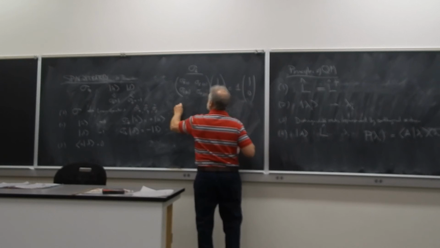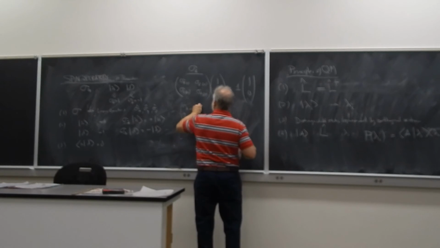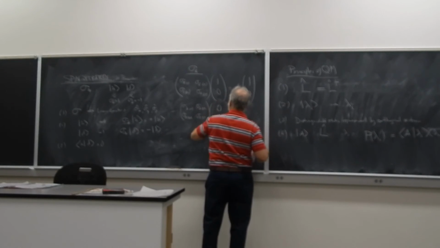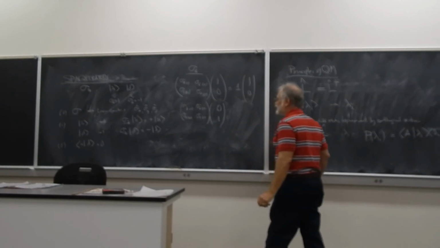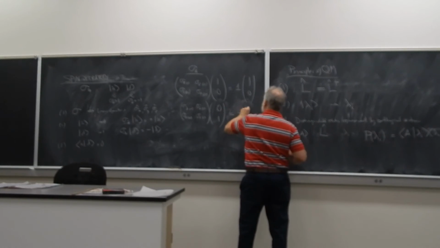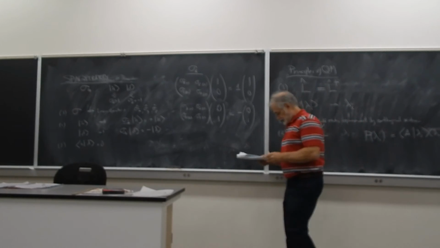By the same token, if I take that same operator, sigma z 1,1, sigma z 2,1, sigma z 1,2, sigma z 2,2, and multiply by eigenvector d, I get minus (0, 1), because the eigenvalue of d is minus 1.